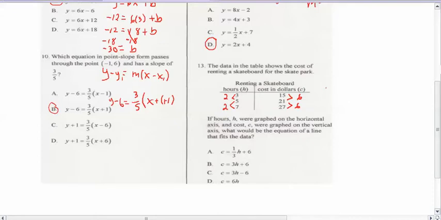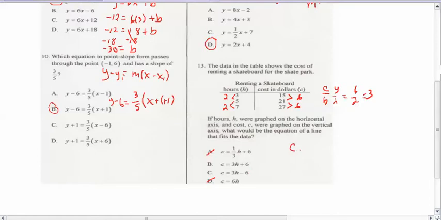And again, it's going to be y over x. So 6 over 2, which is 3. Okay, so that one will not work. That's a 1/3 slope. That's a 6 slope. These two. Now I need to find out if my b is a positive 6 or a negative 6.